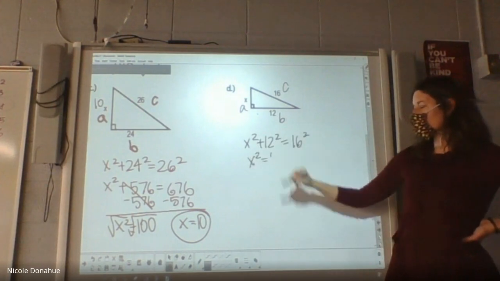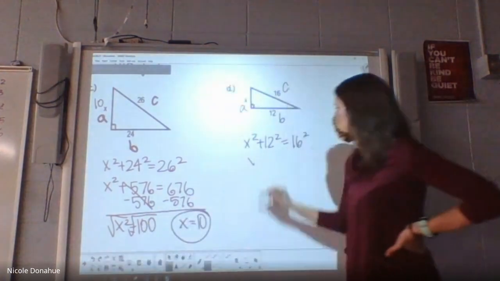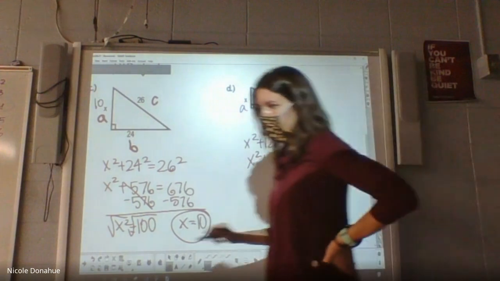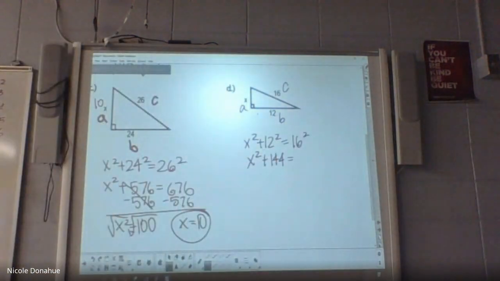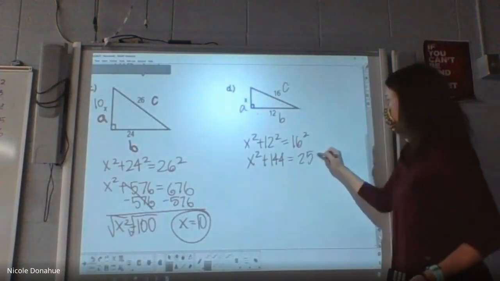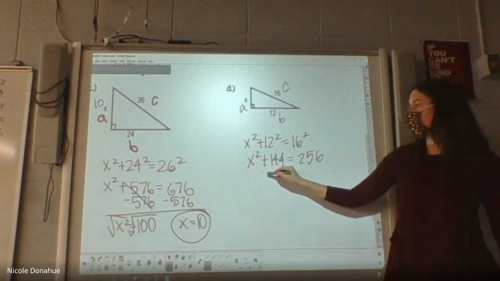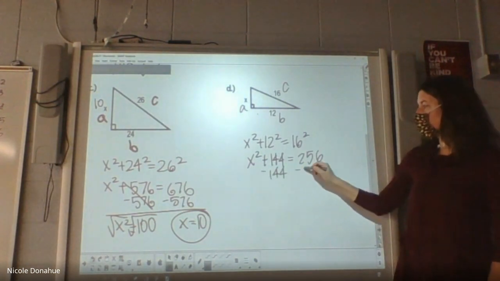So 12 squared is 144, sorry. Squared, it's like 256 or something like that. Once I have that, again, I can move this over.